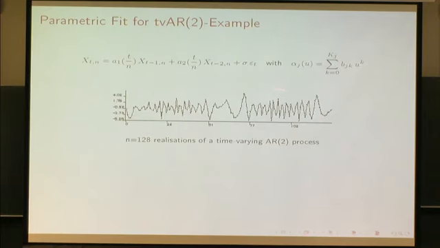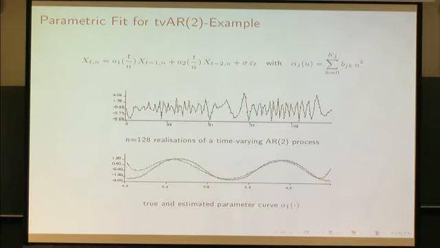So we fitted polynomials to the curve and estimated this. The original curve was this one here, and this was the polynomial fit. So you get a very decent fit with a small number of data points.